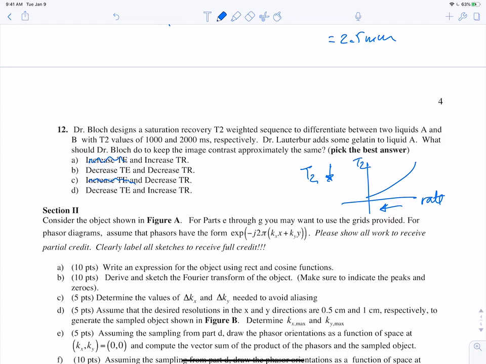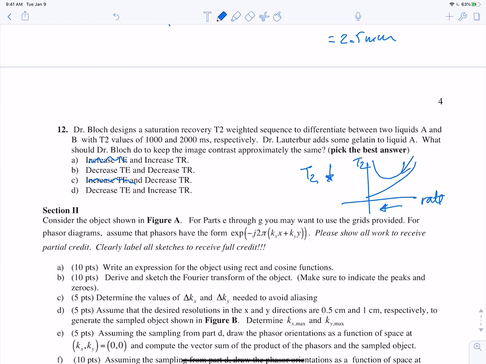Now, let's see. The TR. So now we can either decrease TR or increase TR. And what's happening to the T1 of these guys? The T1 is probably decreasing, right?